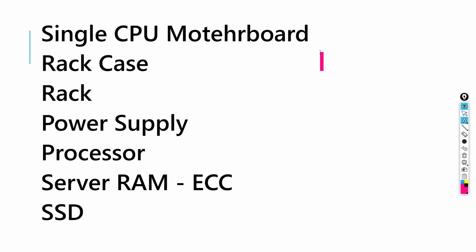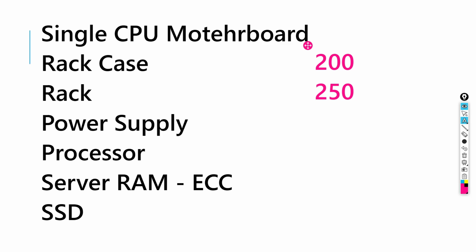Here the rack case may cost up around say $200 to $300. I'll consider it as $200. Then the rack itself, it will cost you around $500, or let's just go with the cheapest one, so it may cost you around $250.